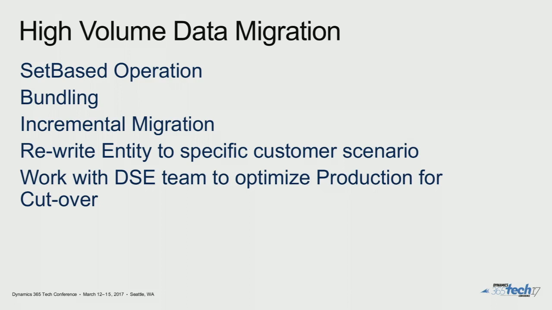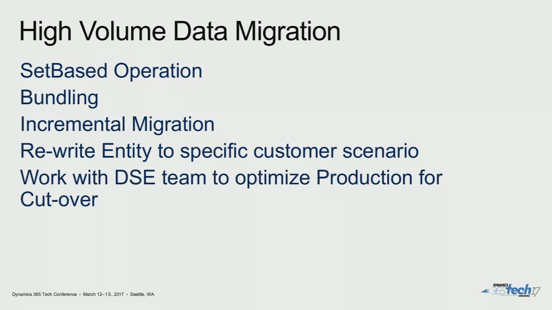In some circumstances, we also recommend that you rewrite a standard entity. This is in very specific scenarios. For example, when we create standard entities, we cater to all the functionalities behind that entity.